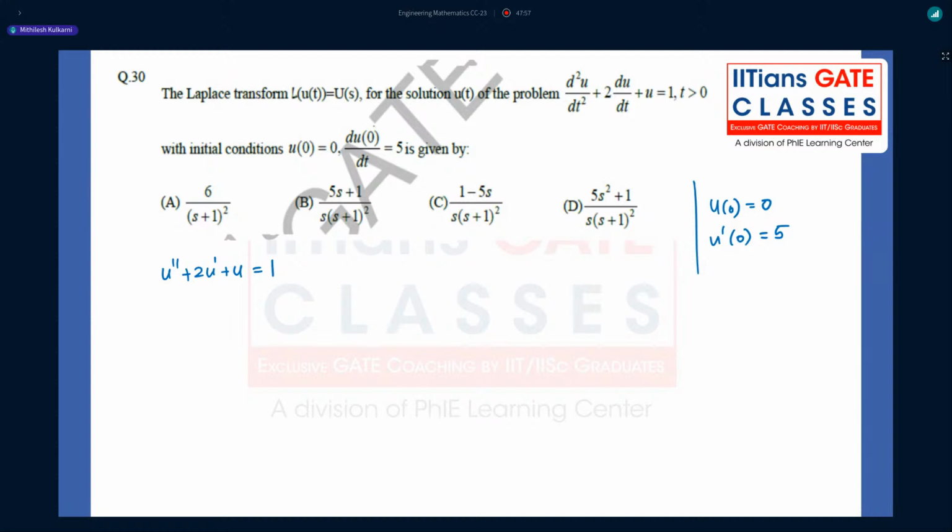Whenever we are solving the differential equation with the Laplace transform, you have to take the Laplace transform on both the sides. So Laplace transform on left hand side is equal to Laplace transform on right hand side.